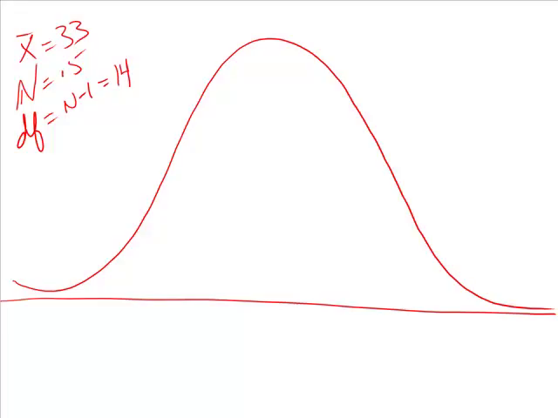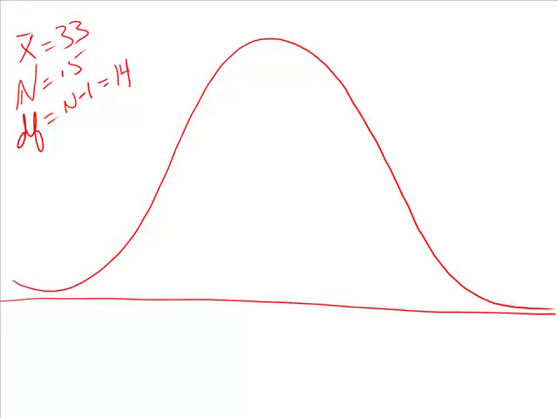Now, Joey, we said 95%, right? We want to be 95% sure of where the population mean should be. So we're actually going to use that middle column, the t score for 0.025.